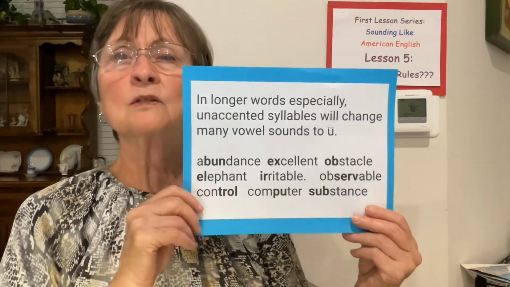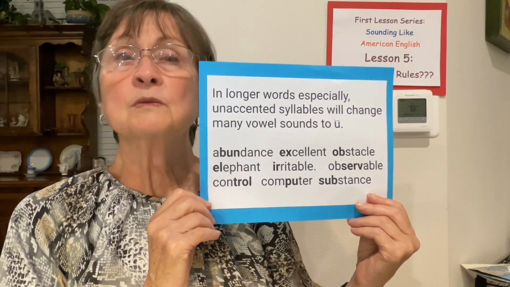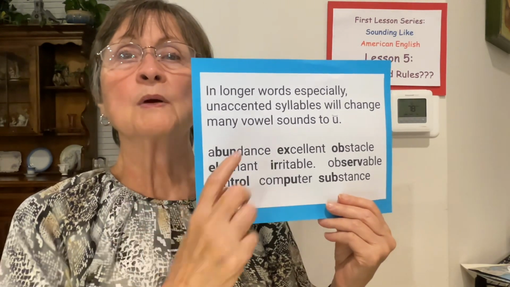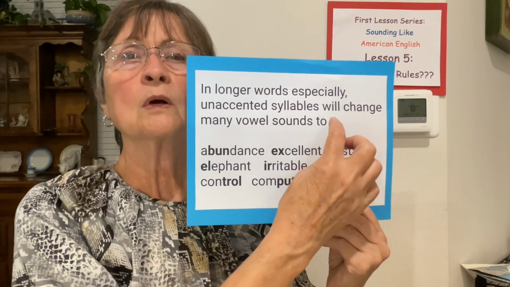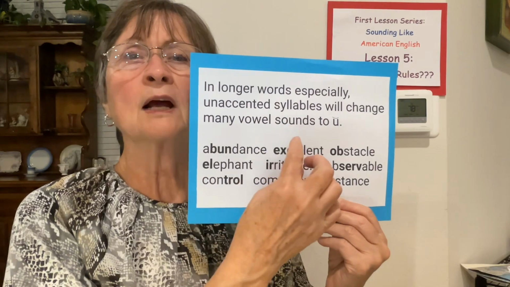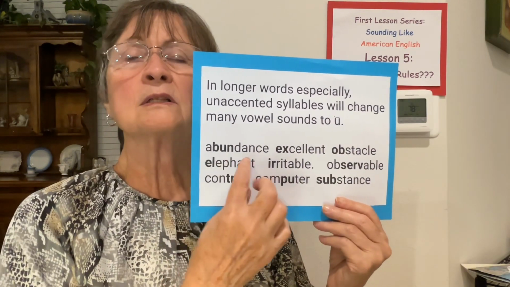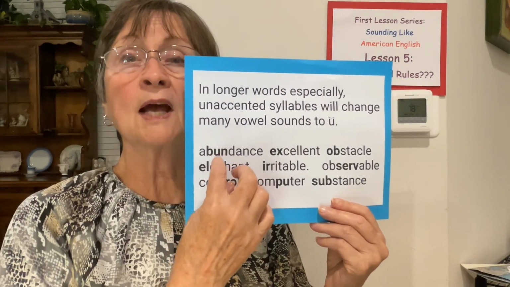And then this one drives people crazy. In longer words especially, but some shorter words, unaccented syllables will change many vowel sounds to a schwa. For instance, this already has a short U, but it's accented.